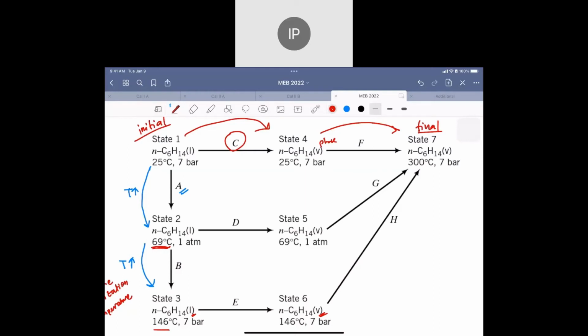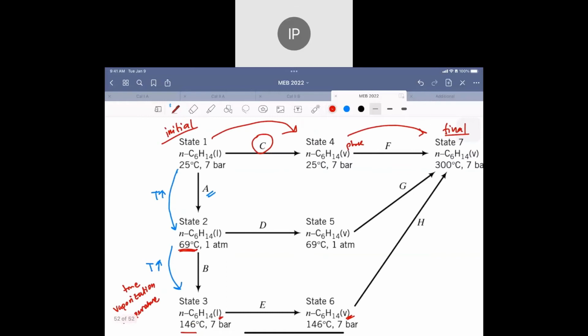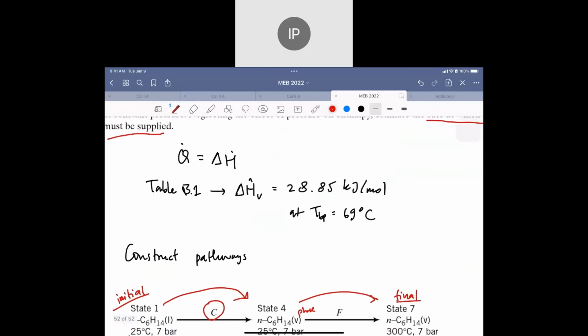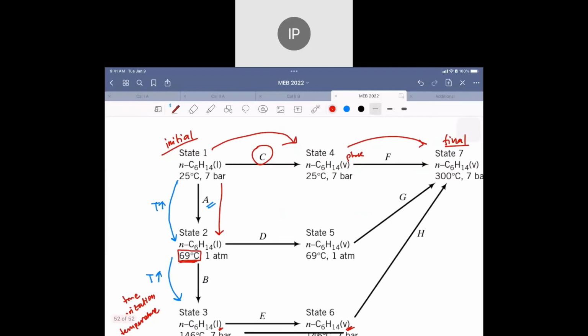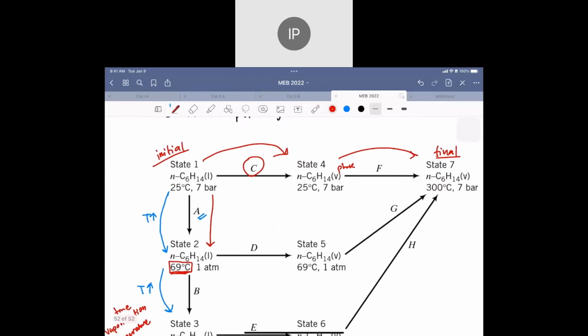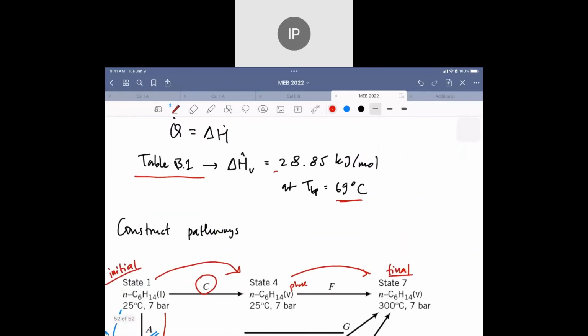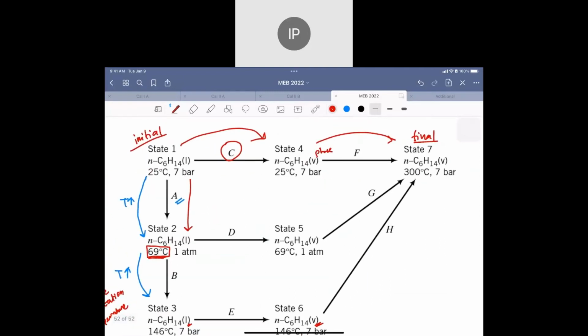So the first step that we are going to observe is A. I think that is quite possible for the 69. For the 69 we have table B1 at 69 degrees Celsius, so it's possible. And from the 69, because we already described that this is the heat of vaporization, we could change to vapor.